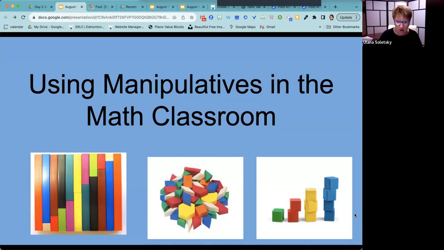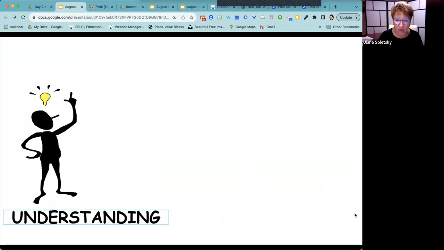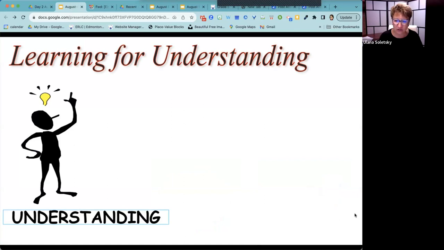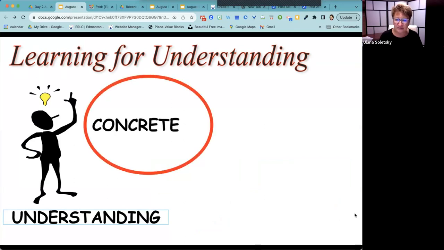Okay, so why do we want to use them? Well, we want to use manipulatives in our classroom to build understanding. That's the bottom line. Understanding is super, super important. Those are in our curriculum outcomes. And so when we're learning for understanding, we use the concrete manipulatives.